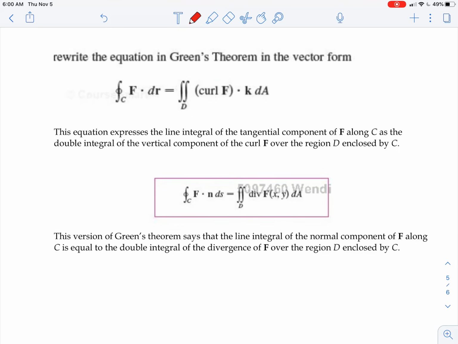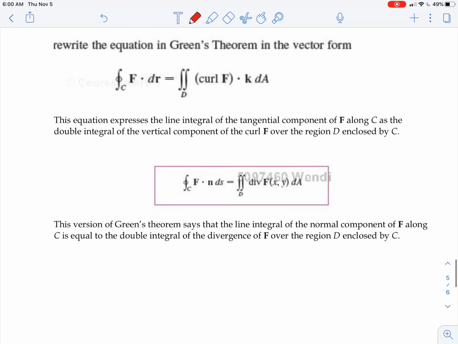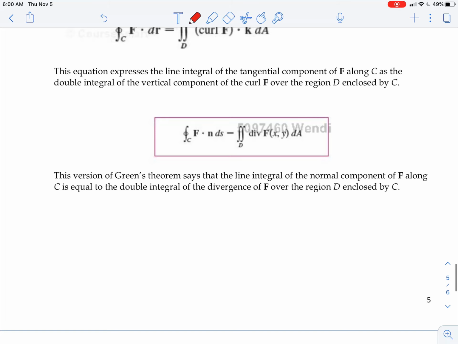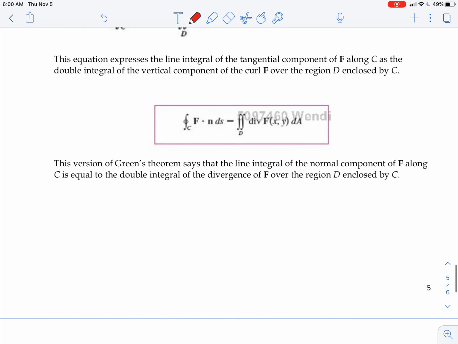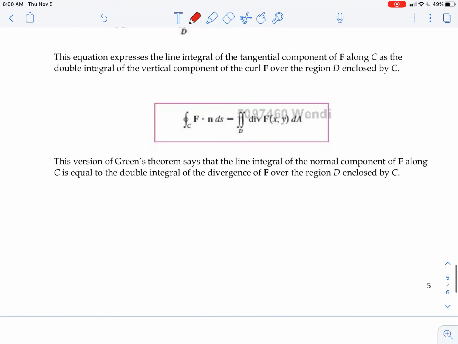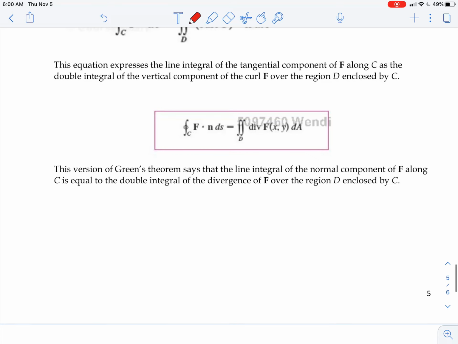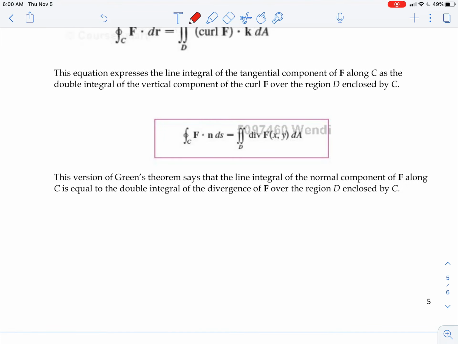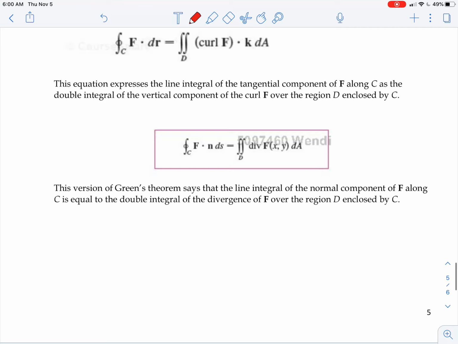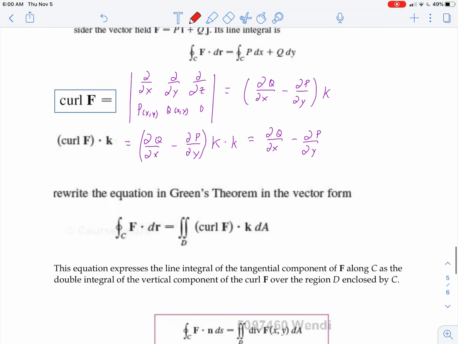This equation expresses the line integral of the tangential component of F along C as the double integral of the vertical component of the curl of F over the region D enclosed by C. And again, we're going to use this a little bit later, and we'll go over it more in depth then. And this version of Green's theorem says that the line integral of the normal component of F along C is equal to the double integral of the divergence of F over the region D enclosed by C.